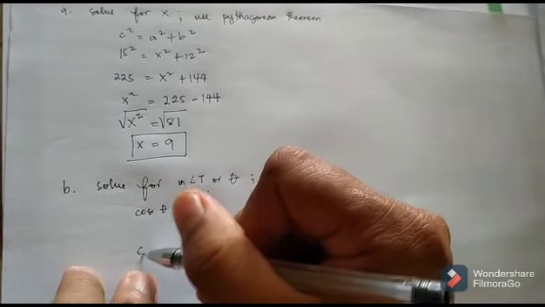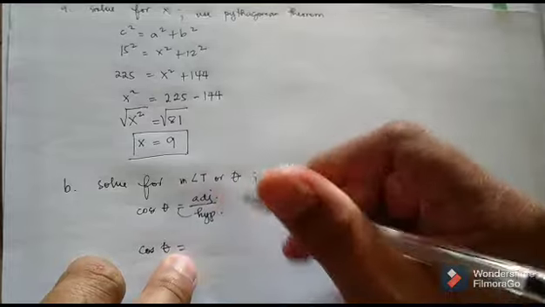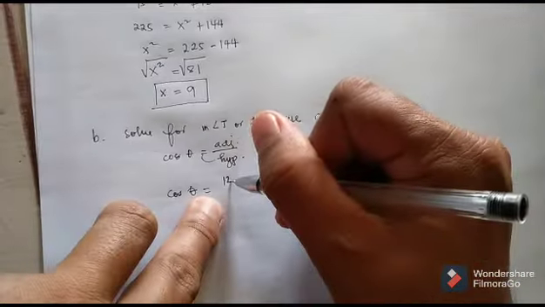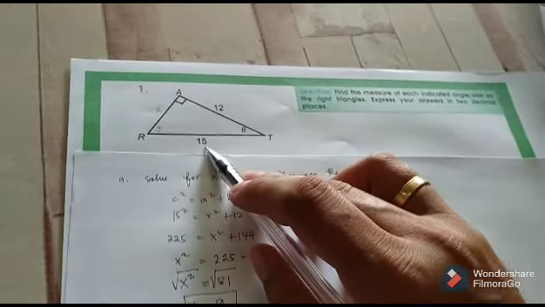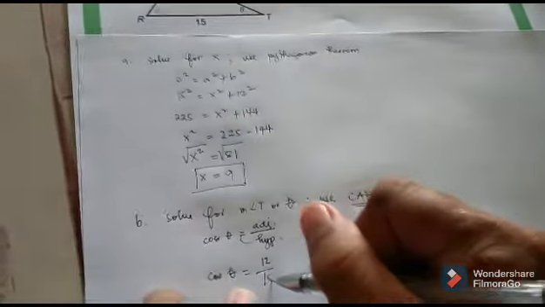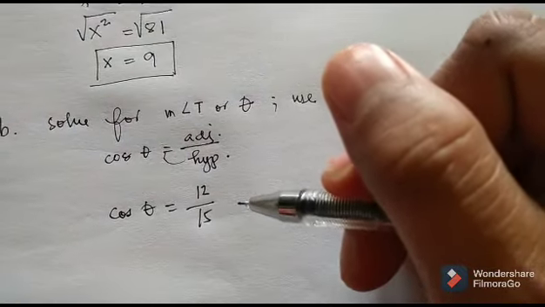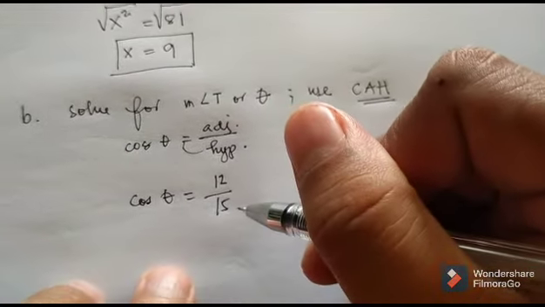So our cosine theta is equal to, our adjacent is 12, so 12 over the hypotenuse, which is 15. So cosine theta is equal to 12 over 15.